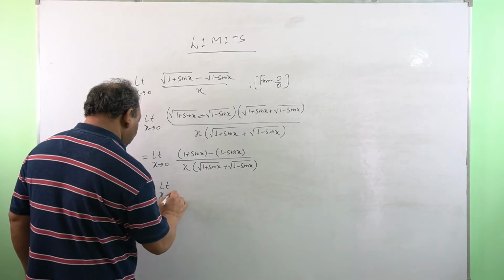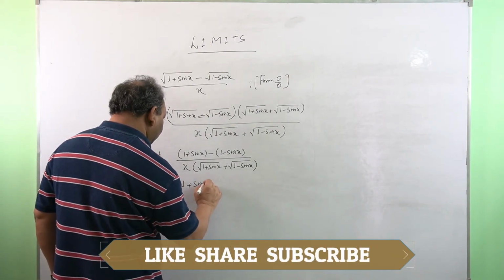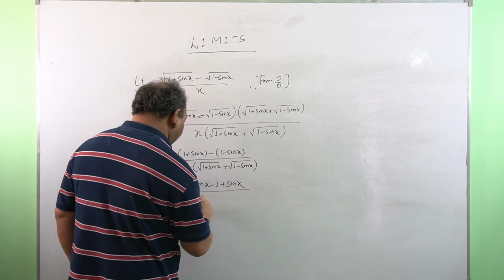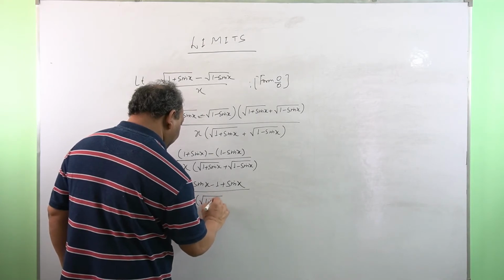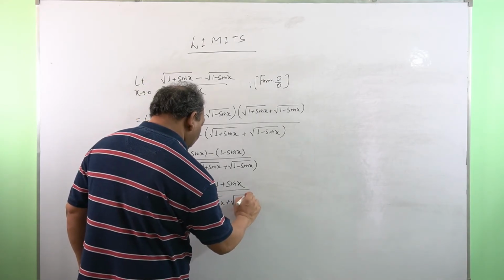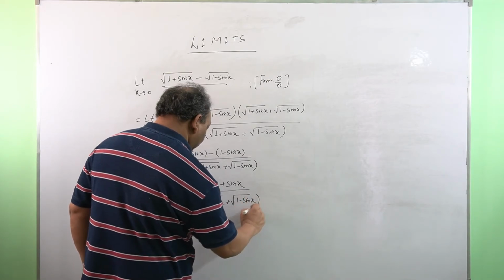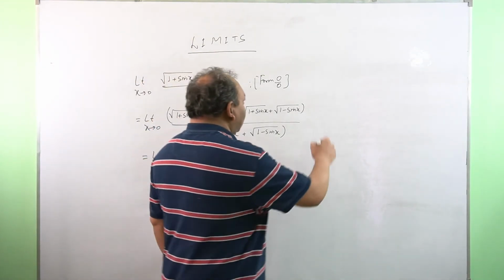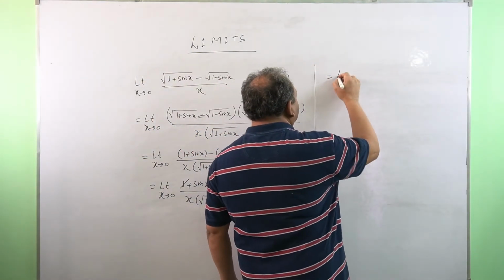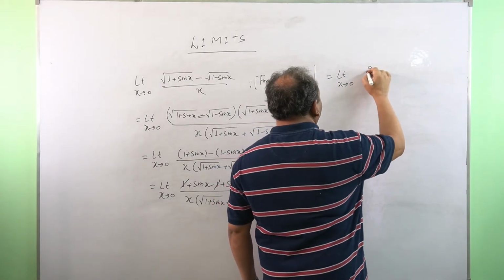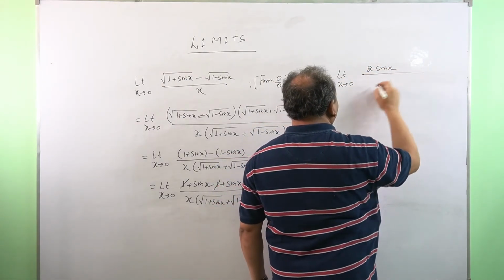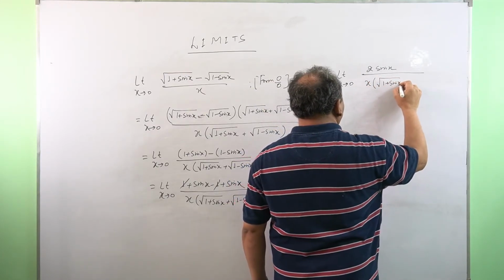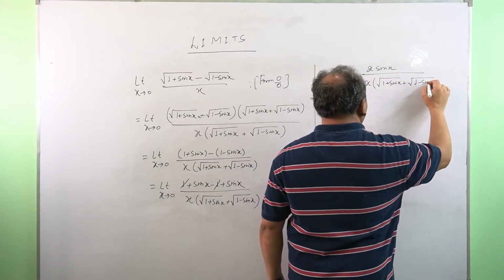The plus 1 and minus 1 cancel out in the numerator, and sin x plus sin x is 2 sin x. So it becomes limit x tends to 0, 2 sin x divided by x into (√(1 + sin x) + √(1 − sin x)).